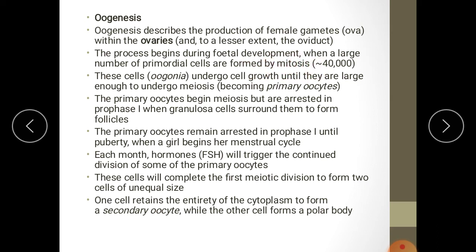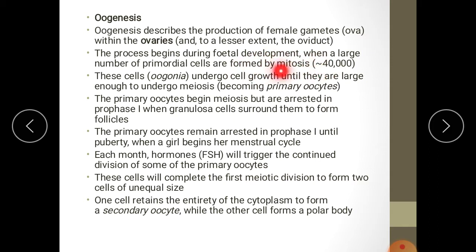So the process of oogenesis in females begins during fetal development, whereas spermatogenesis begins only after puberty in males.